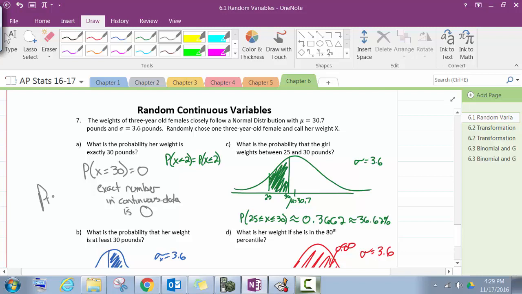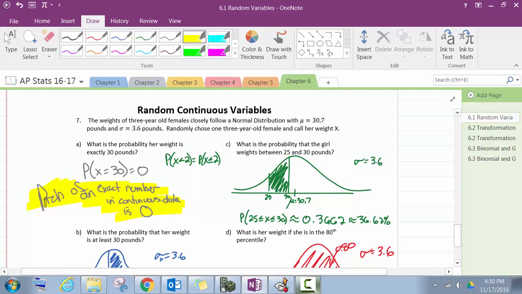The probability of an exact number in continuous data is 0. Always. Because what's the probability that you're exactly 30 pounds right now?